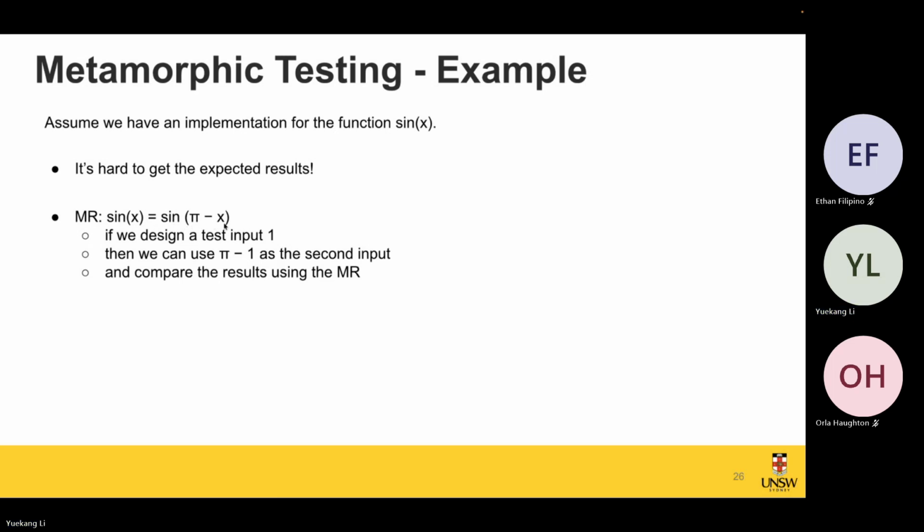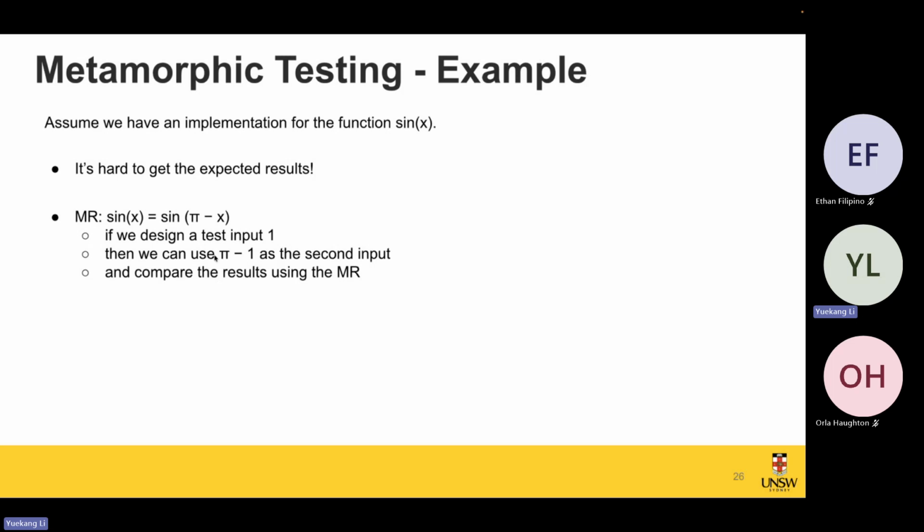So what we can do is, if we design a test input 1, then we use pi, because pi is a number in the math library of most of the languages we are using right now.